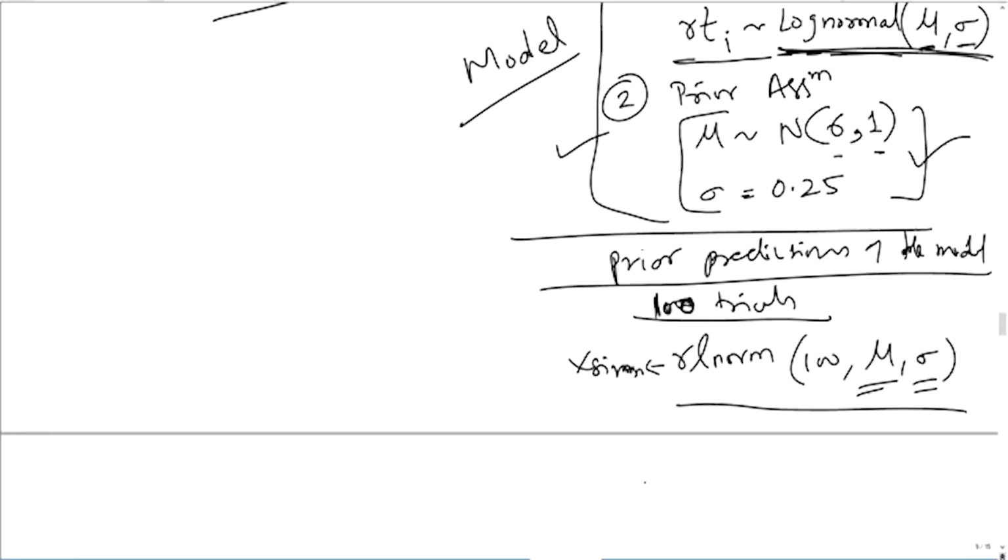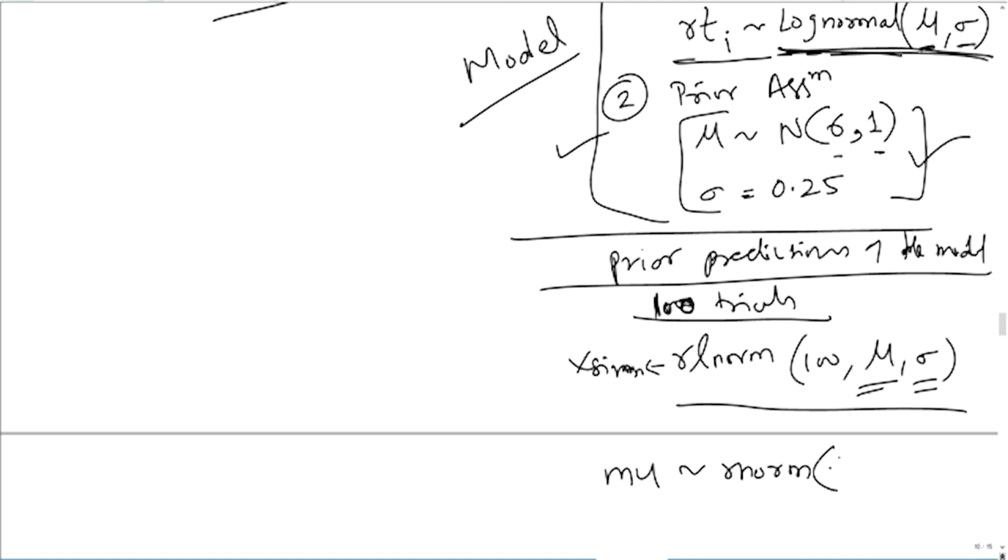What have you assumed? For mu, you have assumed a normal(6, 1) prior. So what if I draw a lot of samples of mu from its prior distribution, which is a normal distribution?